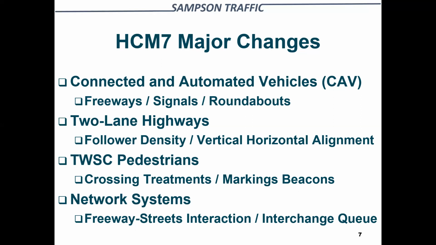The crossing treatments, I believe there are 13 or 14 different crossing treatments that can make a difference in the pedestrian delay and level of service. And the network systems, the interaction of queuing primarily at an interchange.